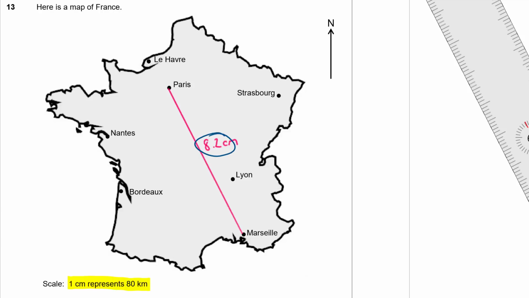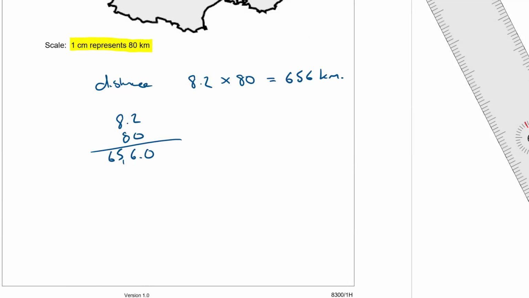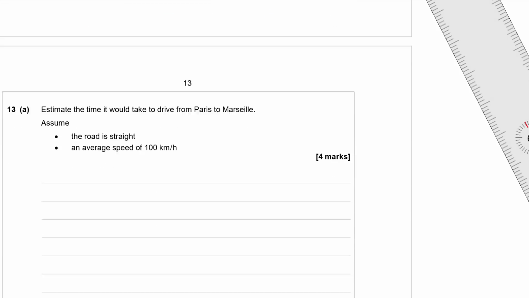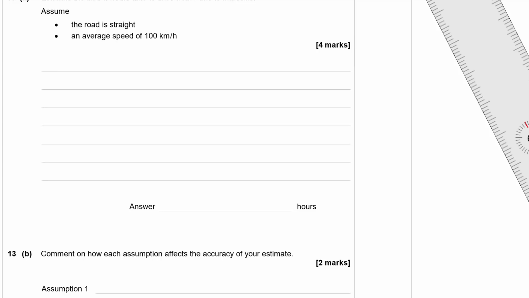Okay, so we need to multiply these two things together. So 8.2 times 80, that is 656 kilometres. So we know that distance is 656 kilometres.